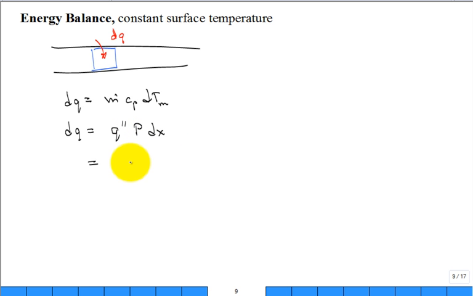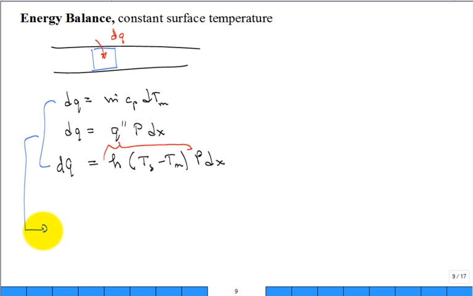What's coming in is given by h (T_s minus T_m) P dx. Do you see that right there? That's the big change. We just don't have a constant heat flux at the wall. We have our rate equation for that. So we have two equations for dq. What do you suspect I do with those two equations?